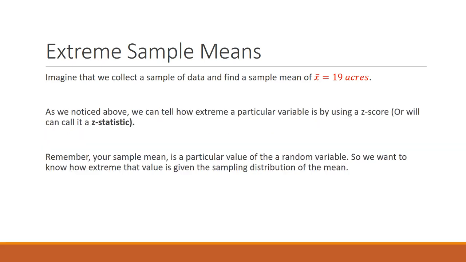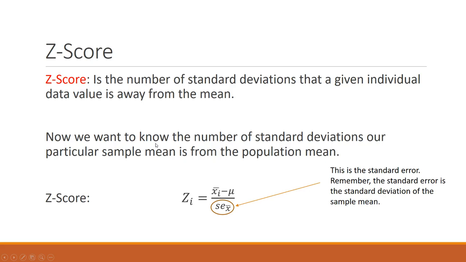use our z-statistic. We can use our z-score to get an idea for how extreme a particular value is. We might want to know how extreme our sample mean is. All right, so this is how we do it. We use the z-score, the number of standard deviations that a given individual data value is away from the mean.